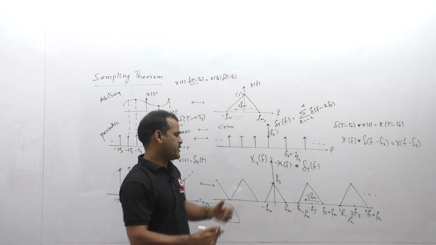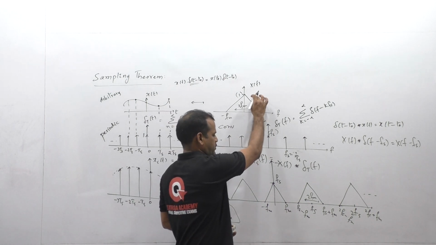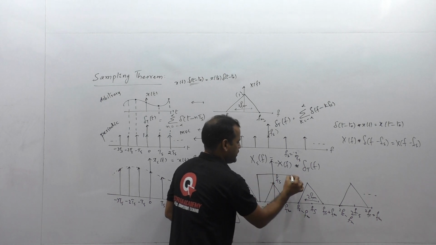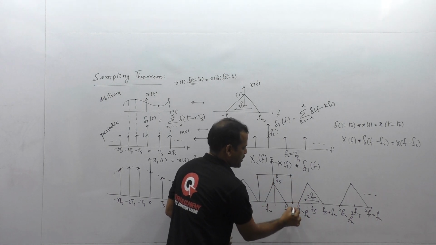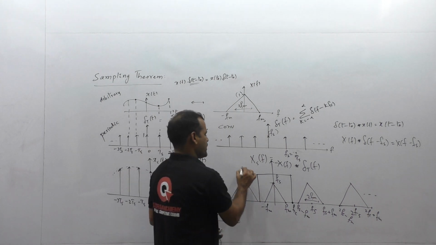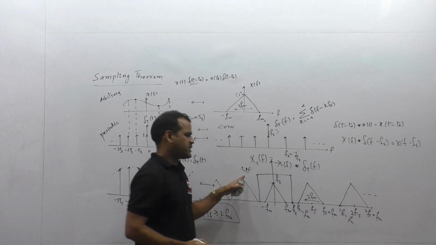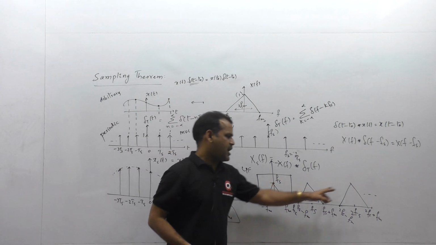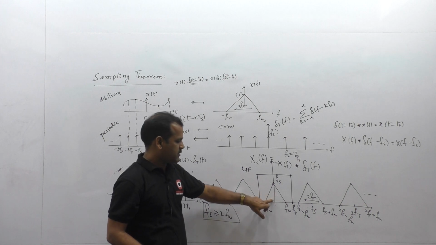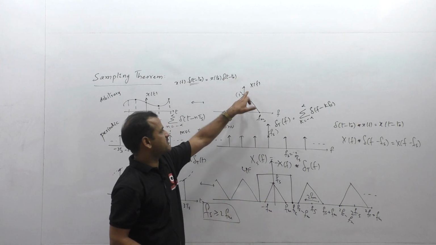For that, to reconstruct this original signal x of f from the sampled signal, we will pass this signal through a low pass filter of appropriate cutoff frequency here. So this low pass filter, or reconstruction filter, will attenuate all other high frequency components, and the low pass filter output will be this function, which is nothing but x of f.